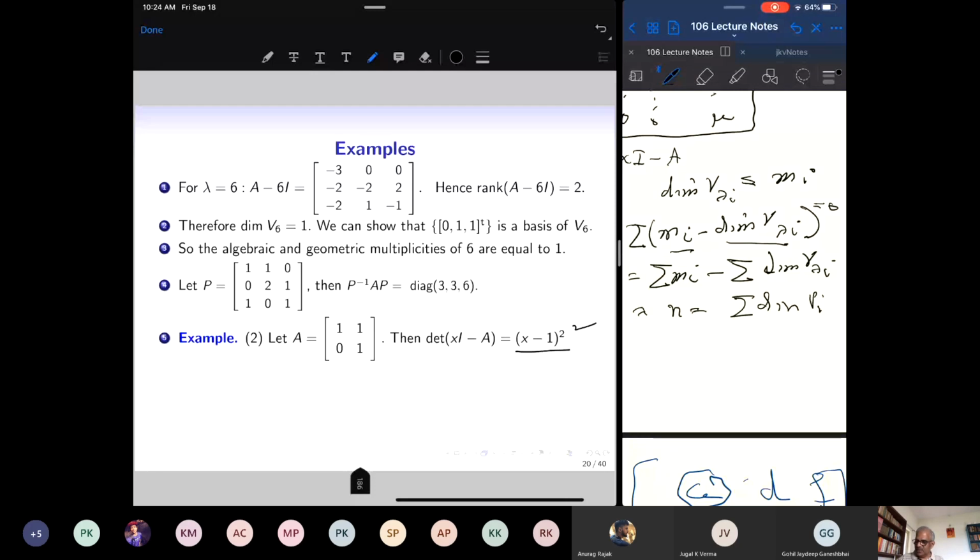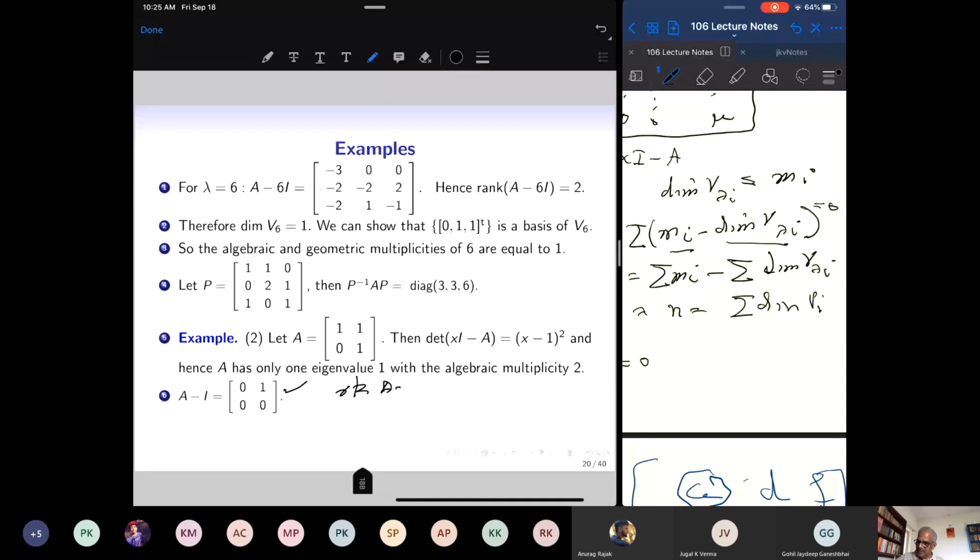Let's calculate the eigenspace corresponding to lambda equal to 1. In order to do that, we have to look at the system of homogeneous linear equations (A minus lambda I)x equal to 0. In this case, lambda is equal to 1, so I look at A minus I, the A minus identity matrix, which is this matrix. This matrix has rank 1.